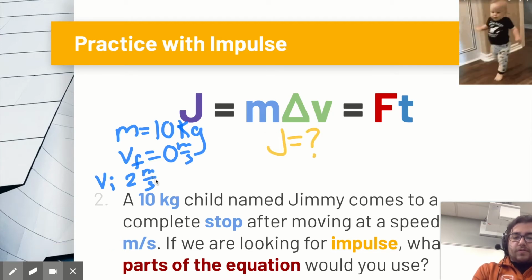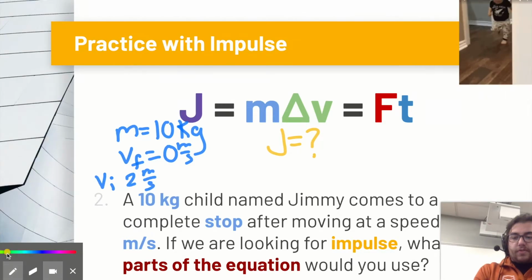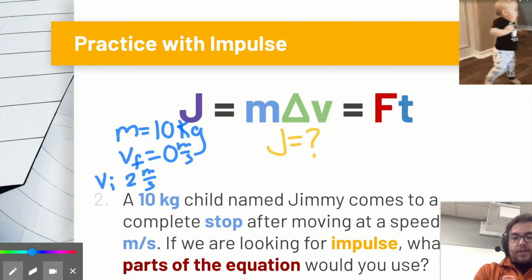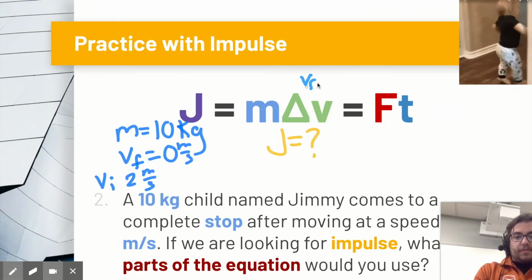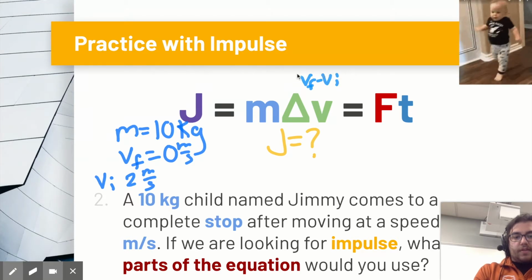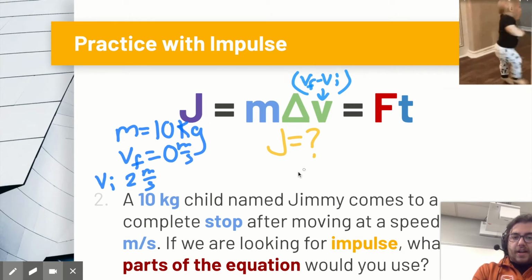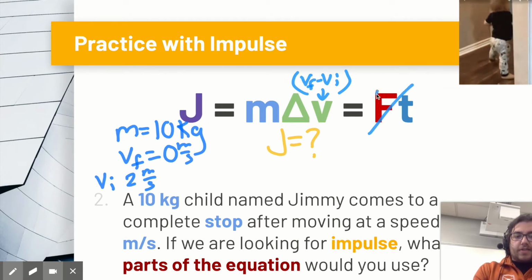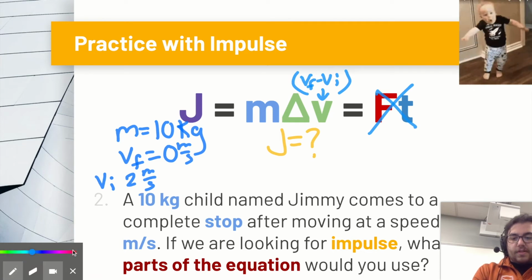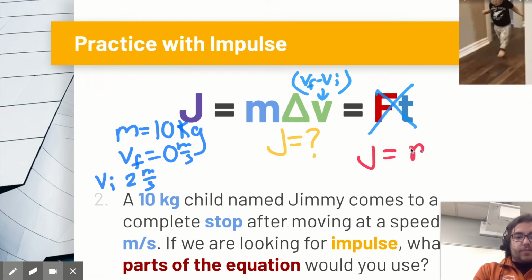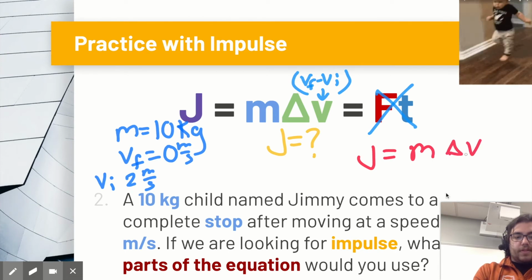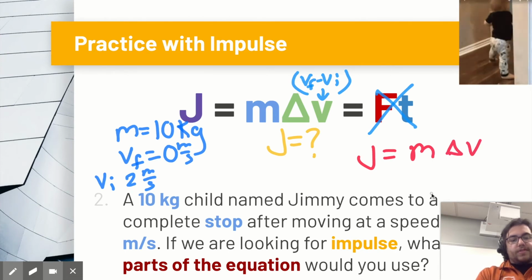Well, I see two velocities, so that should fit into our formula pretty easily, right? Because Vf minus Vi is how we write this part right here. I don't see force or time, so I'm pretty sure we're not using this. And all we have to worry about is J is equal to m times delta v. And now you're easily able to solve this problem.